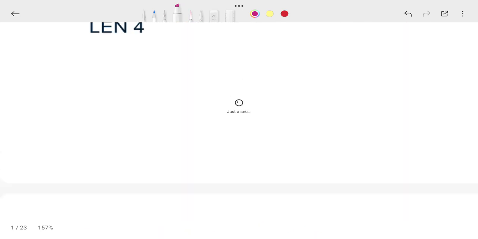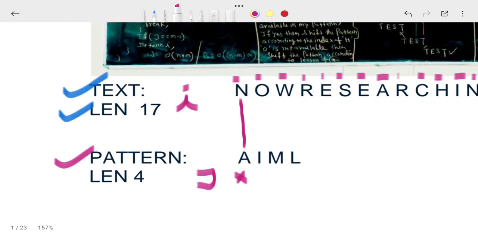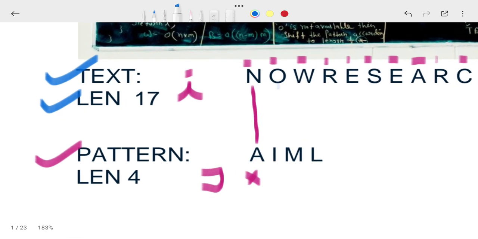This is very important. So I increase the value of i. Again I am checking whether both are matching. Not matching, so break, come outside again, and i plus plus. Again, i is equal to 3, w and a matching?